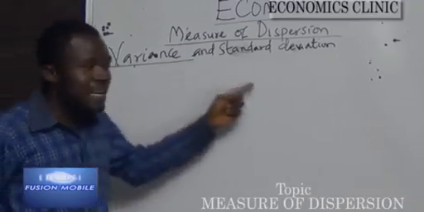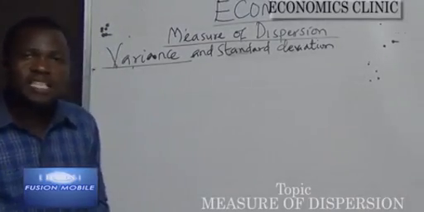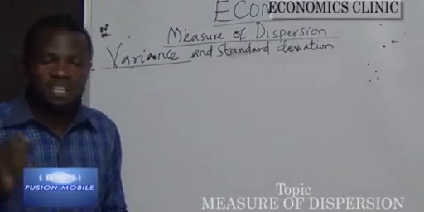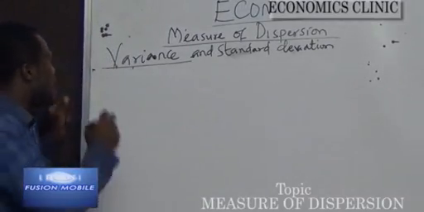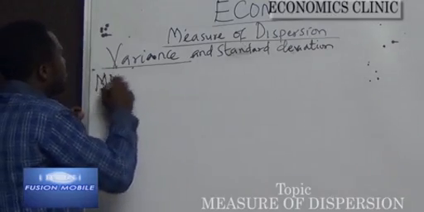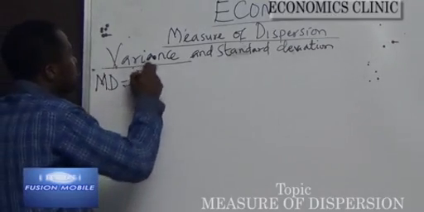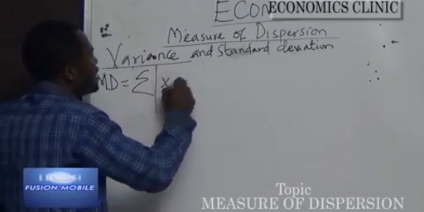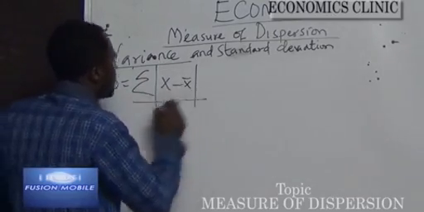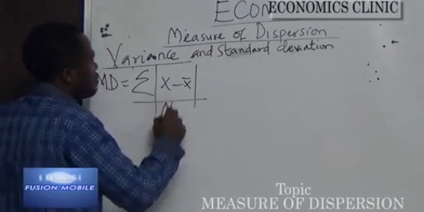Now variance and standard deviation. For variance, variance is the square of mean deviation. As we have seen earlier, mean deviation is the summation modulus of x minus x bar, divided by n.